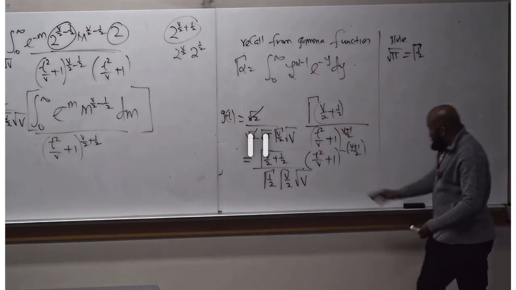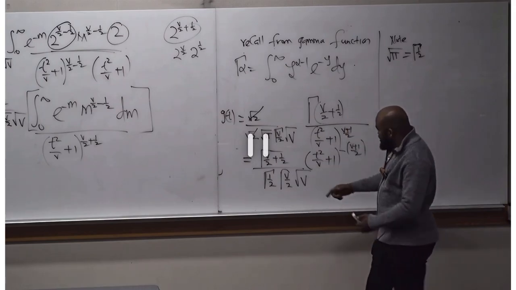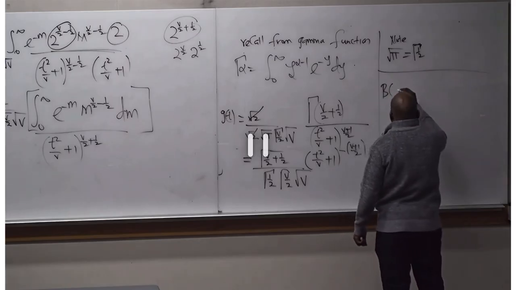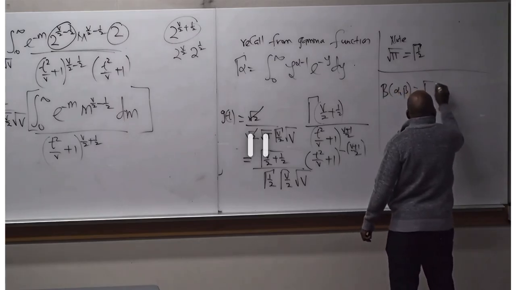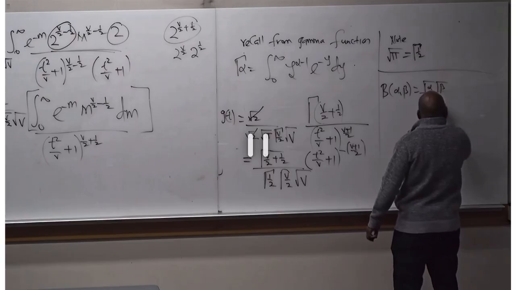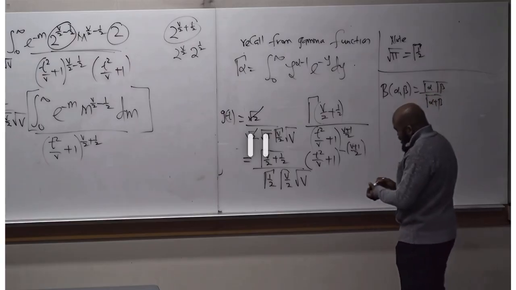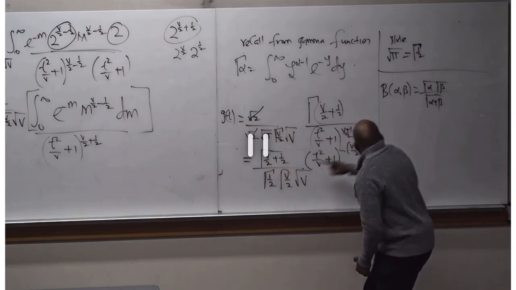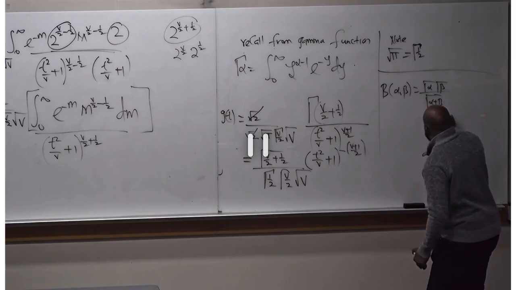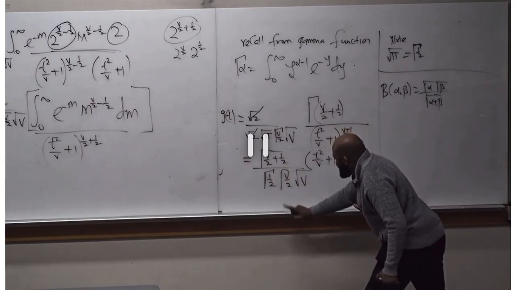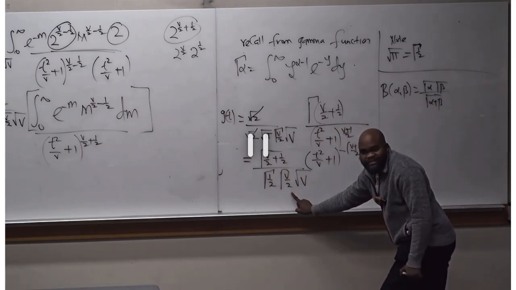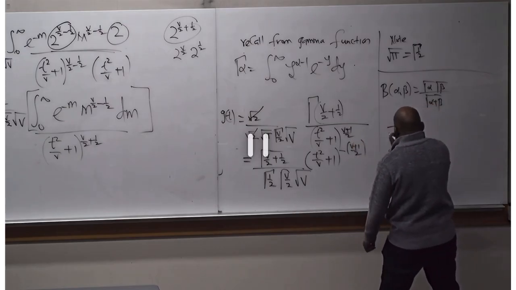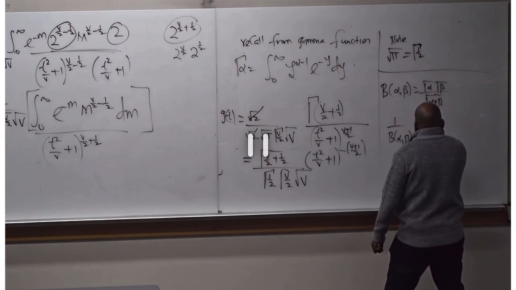Now, when you take a look at this, recall that B of alpha beta is gamma alpha, gamma beta over gamma alpha plus beta, right? Now, if you take a look at this, I'm having gamma alpha plus beta, gamma this plus this, gamma that, gamma that. So if this guy equals this, 1 divided by this guy is the same thing as this.